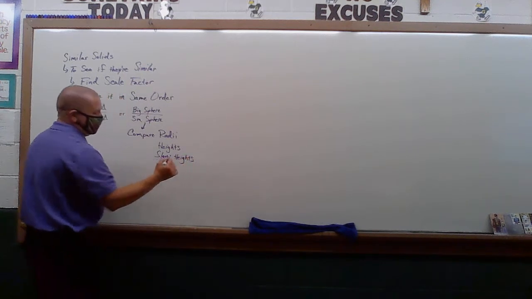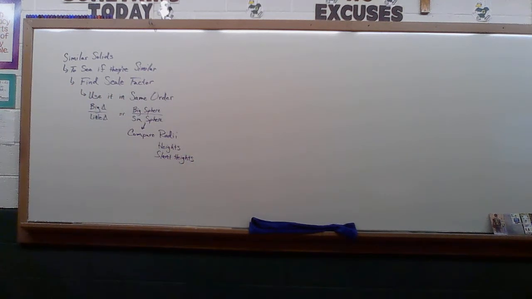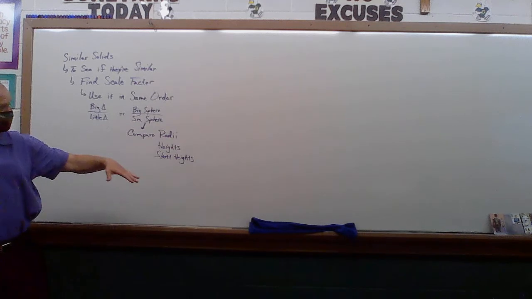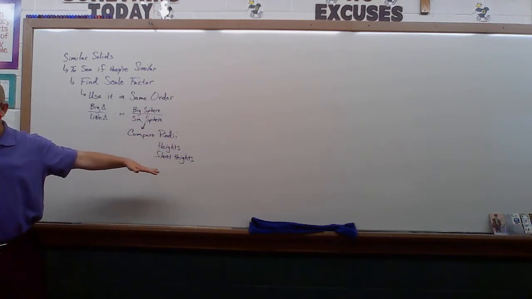It doesn't matter what I compare. I just want to find the scale factor of each one and make sure that it's always the big one to the small one. And again, if you want to do the small one to the big one, that's totally fine too. I just have to make sure that I keep all of them in the exact same order.